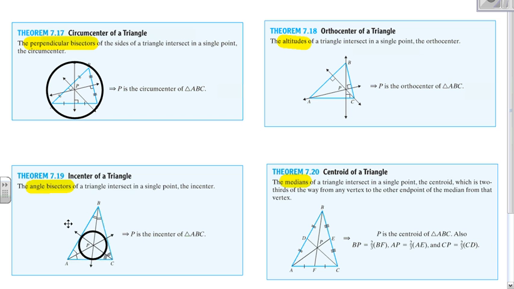Then, without changing the width of your compass, go out to where you marked and mark out again further. Make an arc from each point of intersection, create an X where those 2 arcs intersect, and then the line that goes from the vertex through that X is the angle bisector.